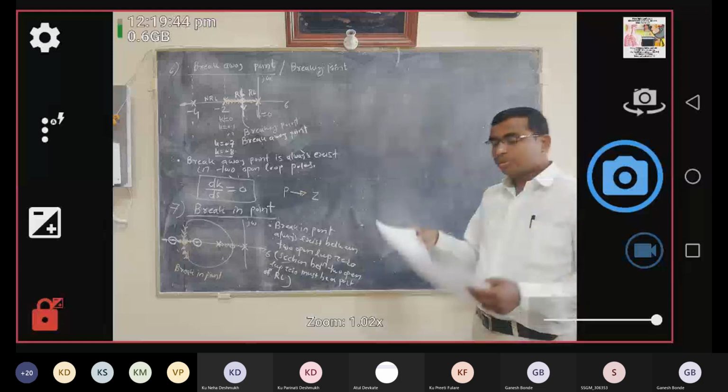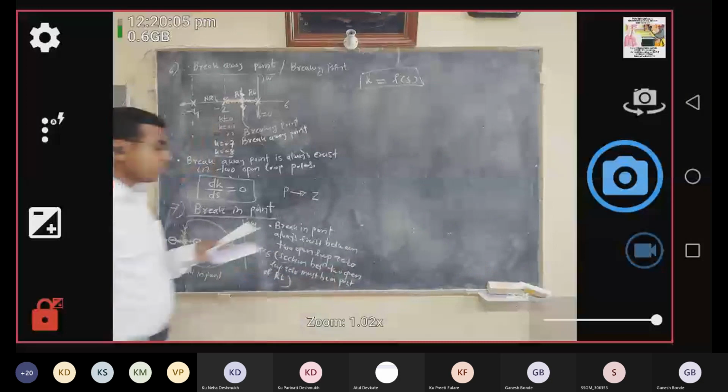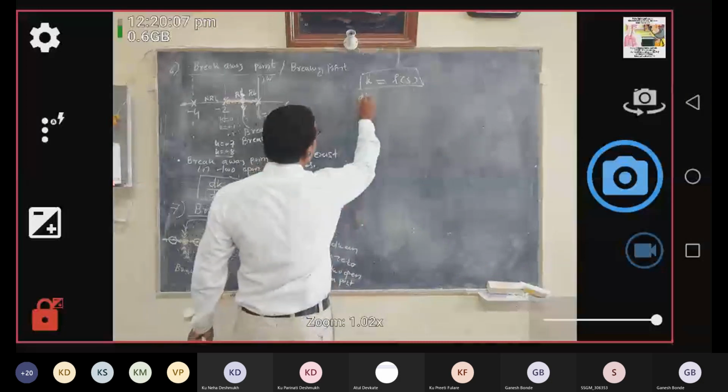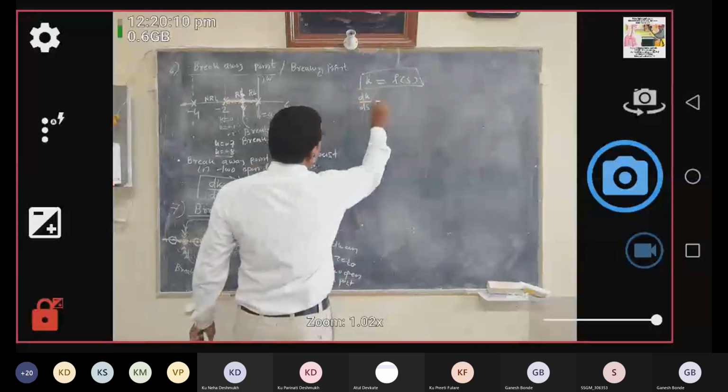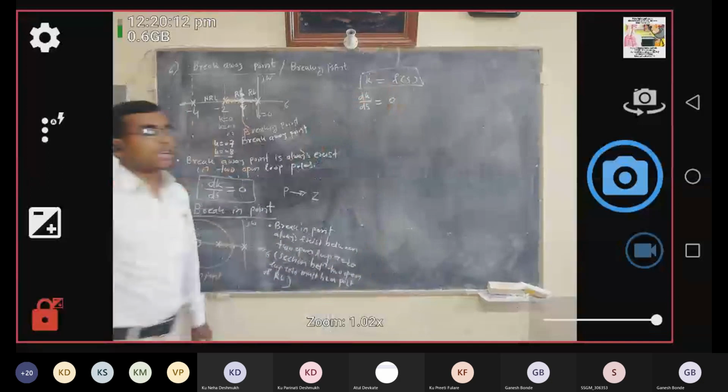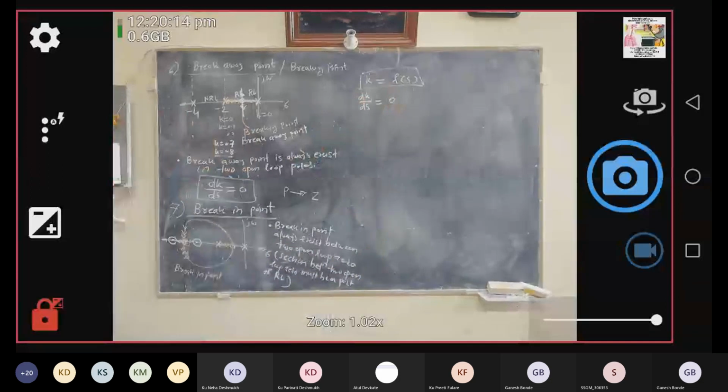Okay, so we take down an example. We have the characteristic equation given. You express your characteristic equation in terms of k, so k is a function f of s. From that expression you determine dk by ds equal to 0, differentiating this equation with respect to s.